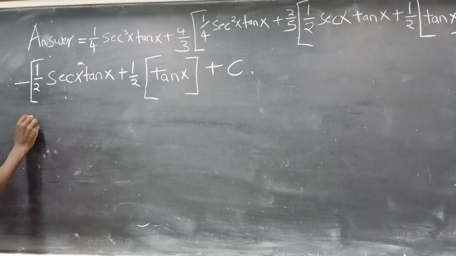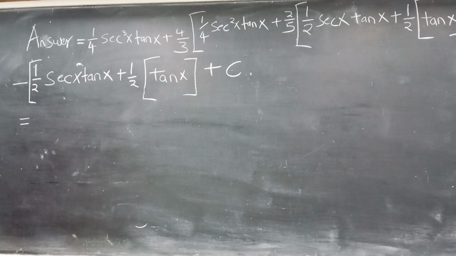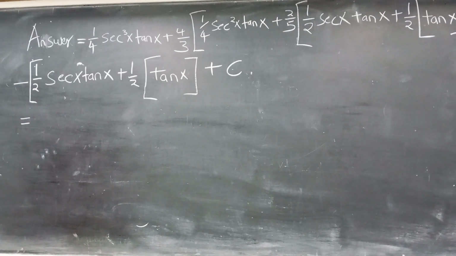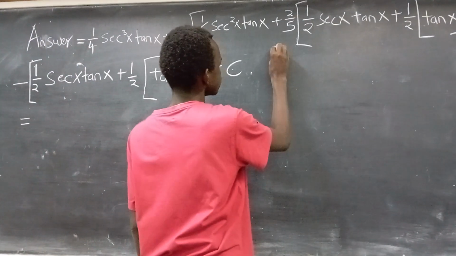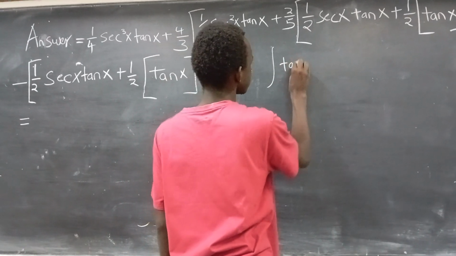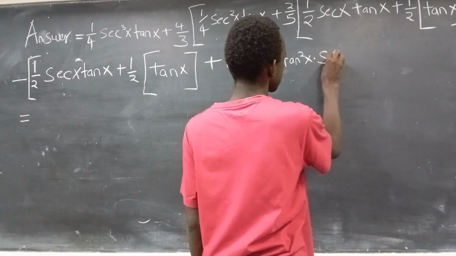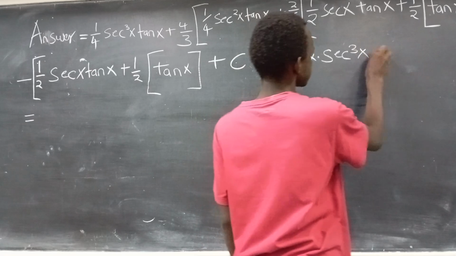So my answer for the integral, the integral was the integral of tan squared of x multiplied by secant cubed of x dx.